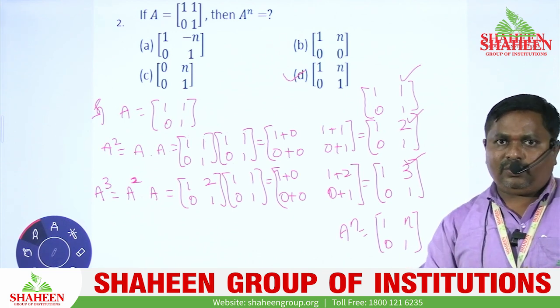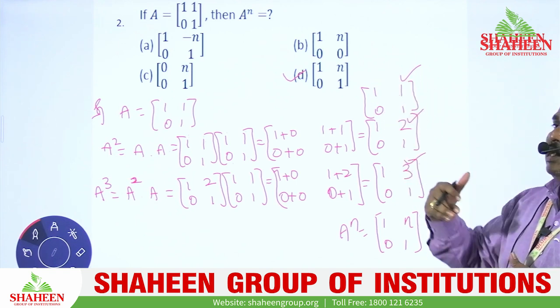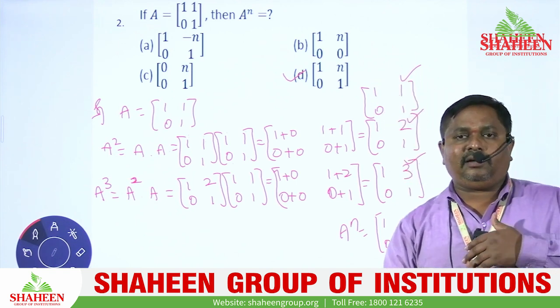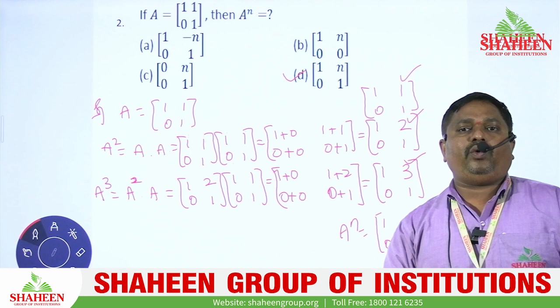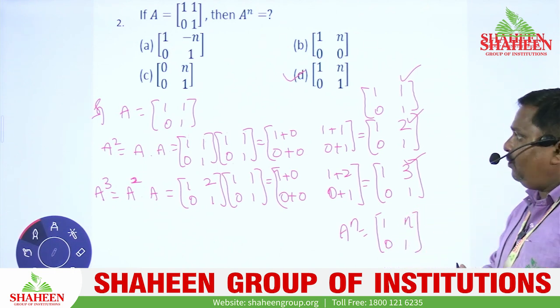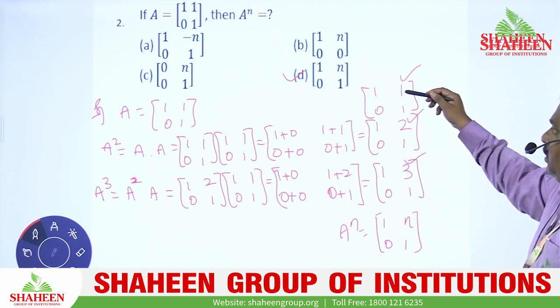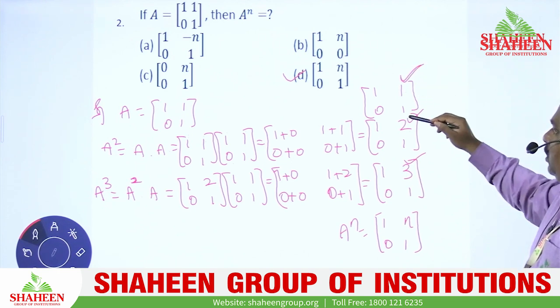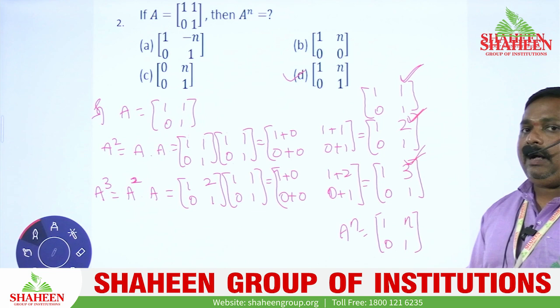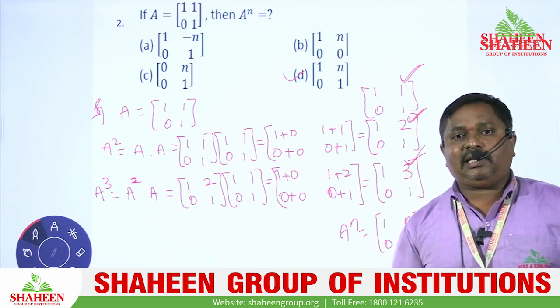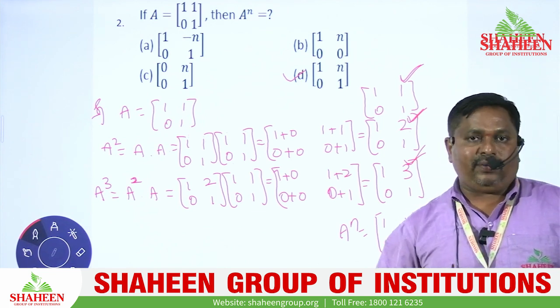So we are predicting which option is correct by finding A square and A cube. We have a pattern in A square and A cube. The second element in the first row is 1, 2, 3. As the power increases, the element changes with the power.